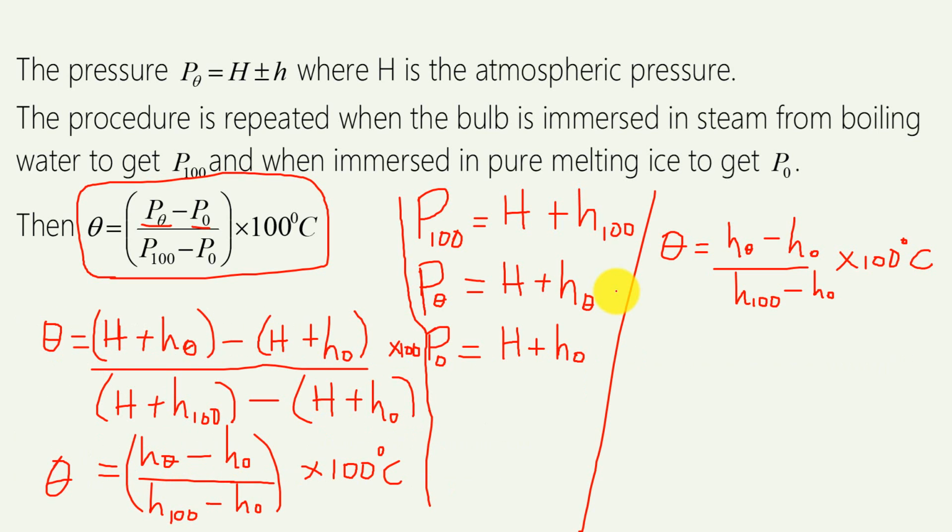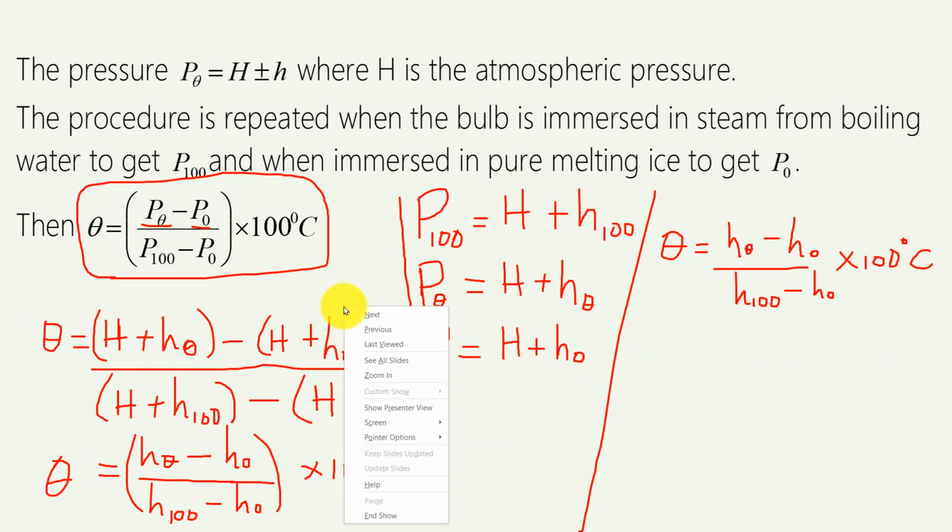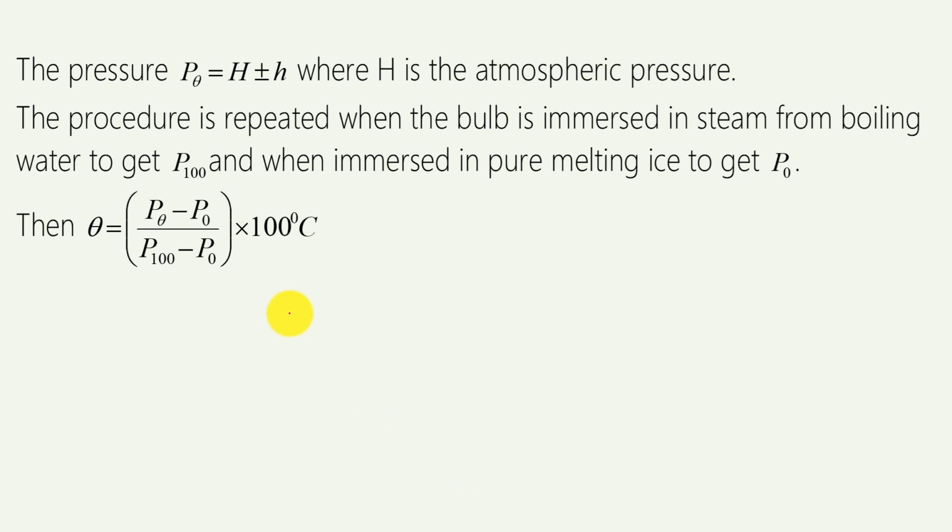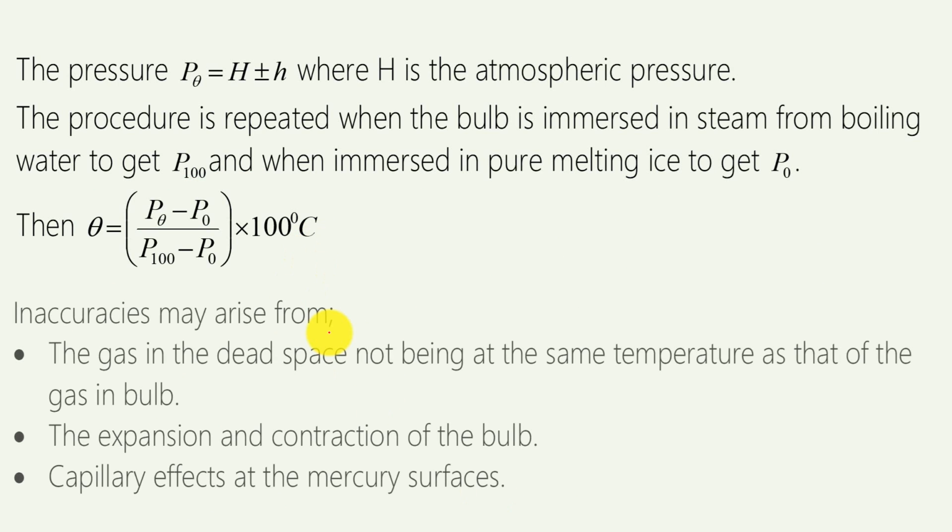Now, inaccuracies will always arise. They will arise. Inaccuracies here will arise basically from the gas in the dead space, which may not exactly be at the same temperature as that of the gas in the bulb. The gas in the bulb may be at a higher temperature than that in the dead space.